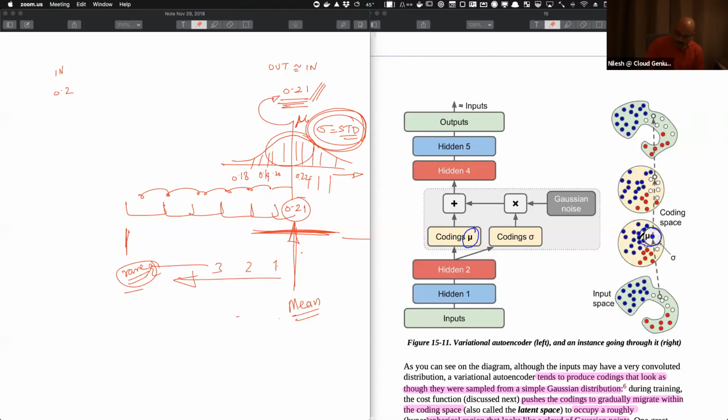And this circle is the range of variation that you might have, approximately a 2 sigma, 3 sigma range away from the mu. That is how I would draw this on a two-dimensional coding space, which shows the distance of variation of the actual intermediate step as the output of this layer.